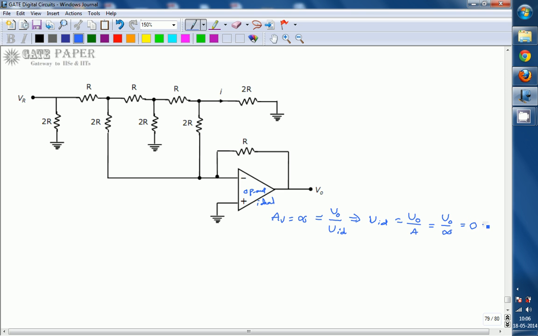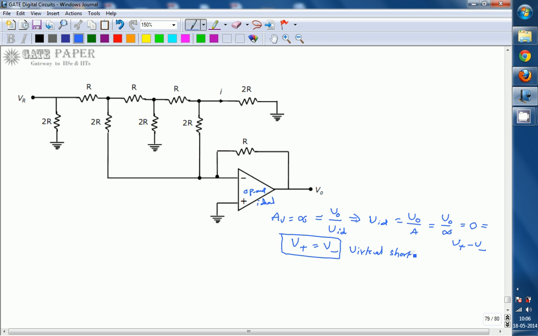That 0 is VID, which is V plus minus V minus, the voltage at the non-inverting terminal minus the voltage at the inverting terminal. So V plus minus V minus is equal to 0, making V plus equal to V minus whenever AV is infinite. This is called the virtual short situation.